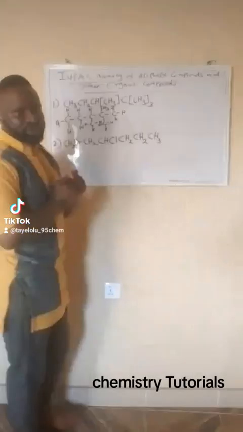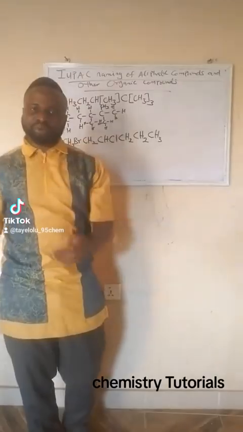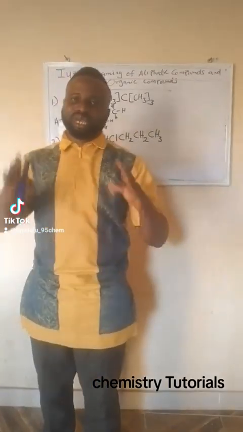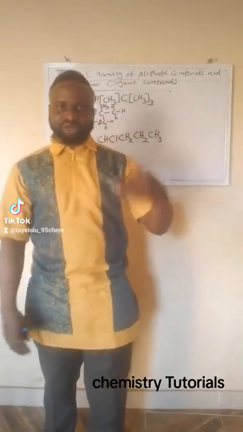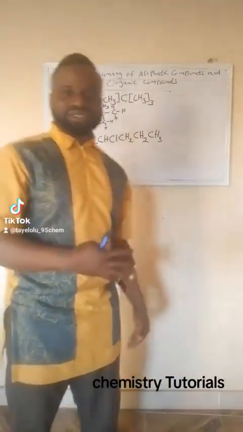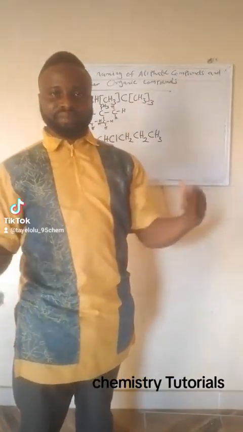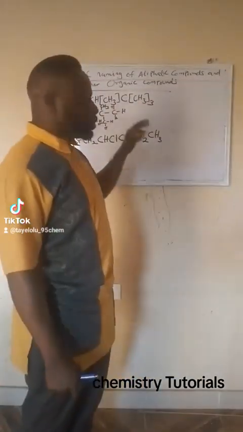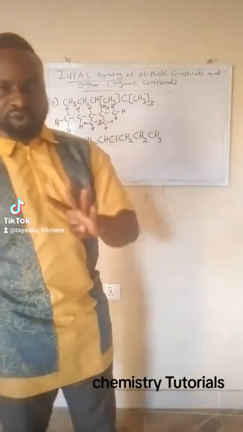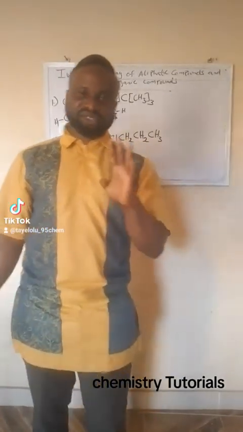And mind you, let me just quickly say this up front to help anytime you are trying to expand any structure in organic chemistry and by extension every other class of compound. Carbon must always be surrounded by 4 bonds in any structure.